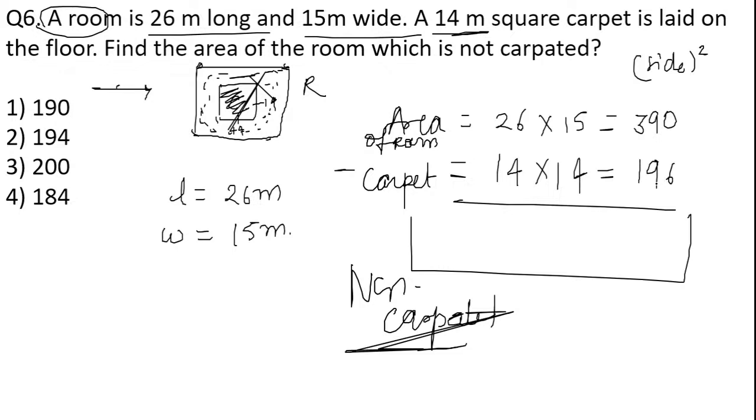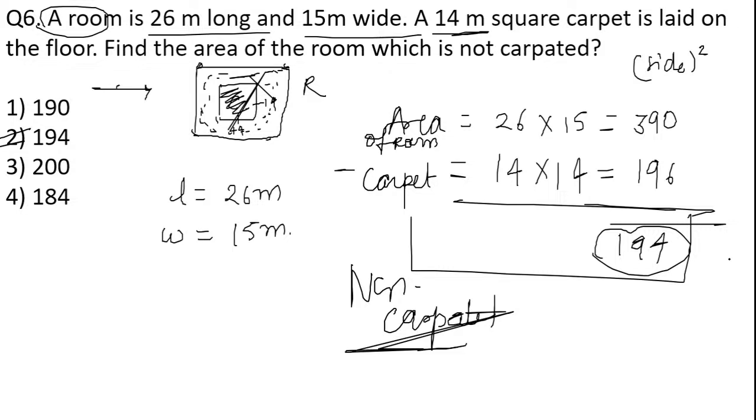So simply you have to do 390 minus 196. So option B, that is 194, will be the correct answer to the given question. Got it? Such type of questions can be asked. You have to prepare this question. These questions are totally based upon 2D structures. Any doubt, you can let me know in the comment section.